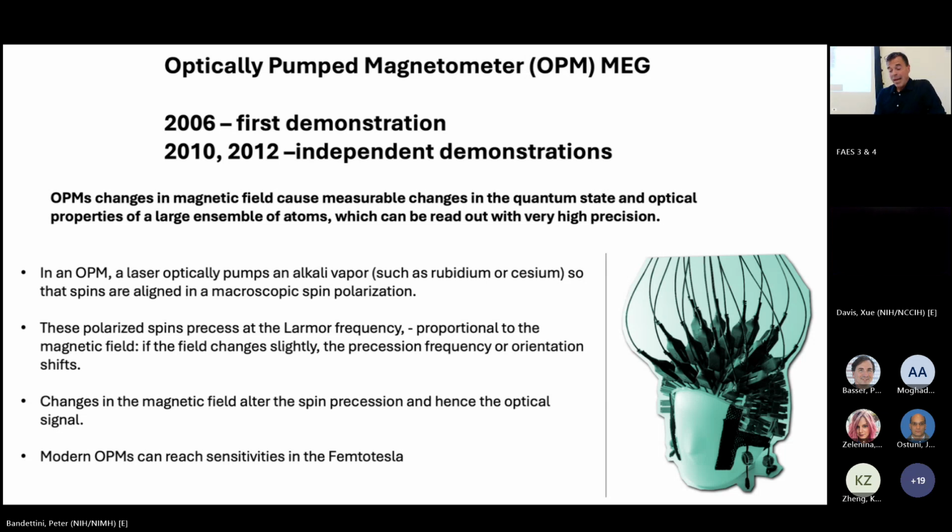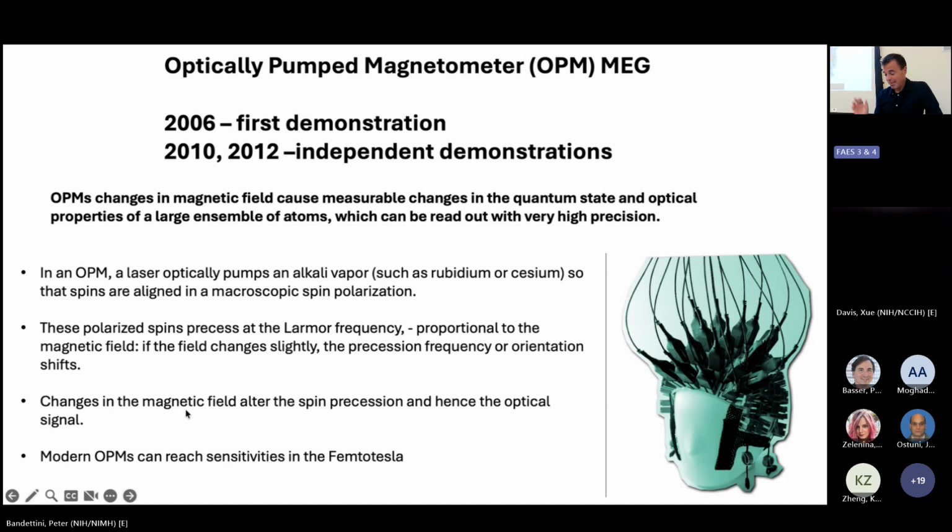And as with MR, as we'll get into maybe in future lectures, the polarized spins precess at the Larmor frequency. If these fields change slightly, then the precession frequency changes and the polarization shifts. And that's how it's detected, by a subtle shift in the polarization of the light that passes through.